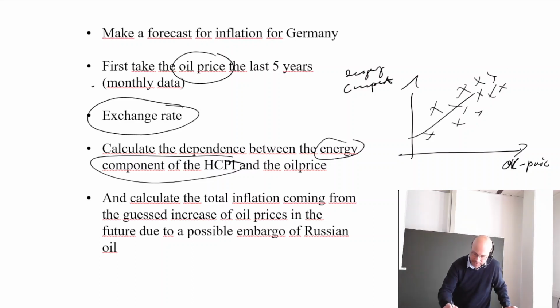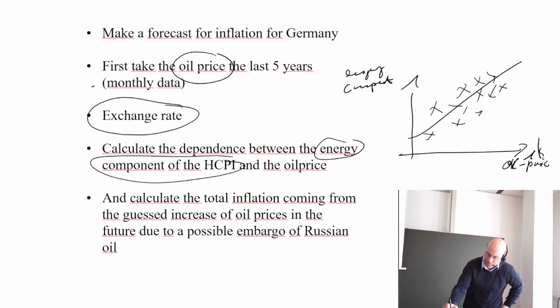Then we want to fit this data, and then if we assume that in the next month we will have an oil price maybe of 150 US dollar, we want to forecast this point and then taking this point for total inflation.